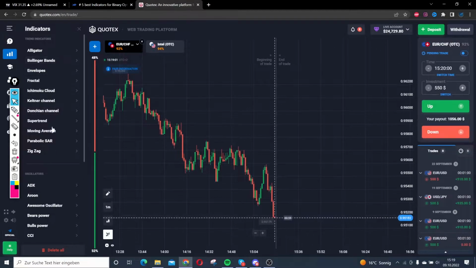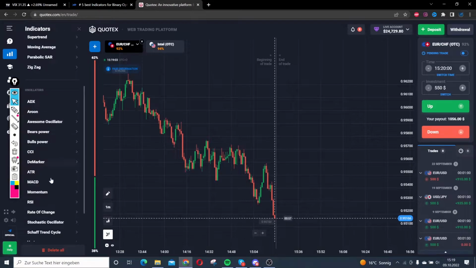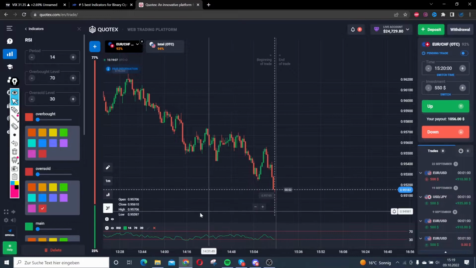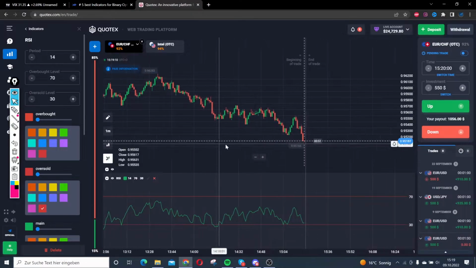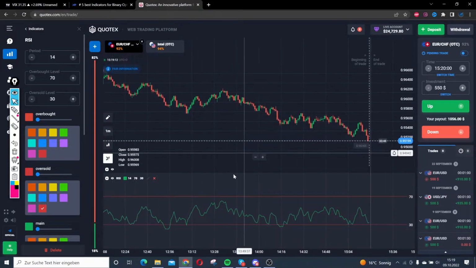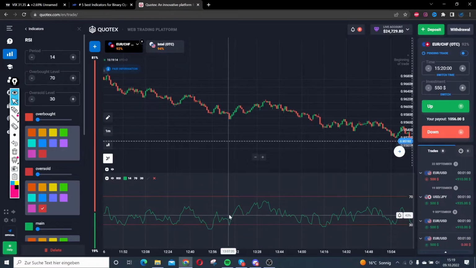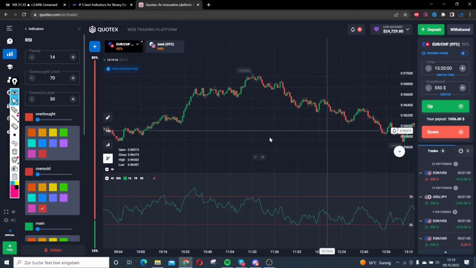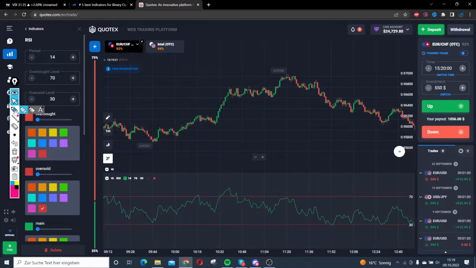Let me add this to the list, the RSI, and we can measure the momentum with this one. For example, here the RSI shows me a nice rising trend. We also see high momentum here, it shoots up, and I see it here below.